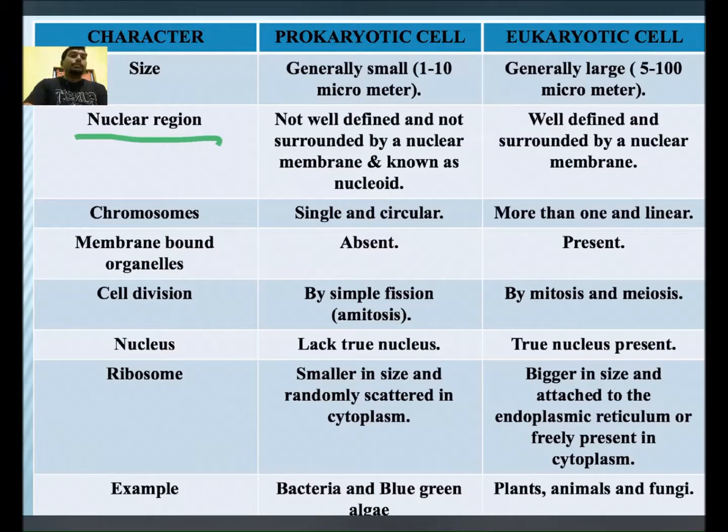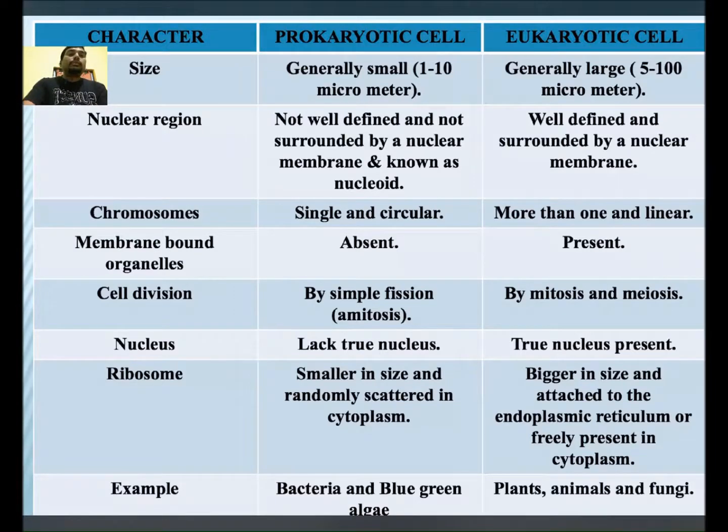On the basis of nuclear region, in the prokaryotic cell it is not well defined and it is not surrounded by a nuclear membrane, and this nuclear region is called the nucleoid, as we discussed just now. In the eukaryotic cell, the nuclear region is well defined and surrounded by a nuclear membrane. So the nuclear membrane is present in eukaryotes and absent in prokaryotes.